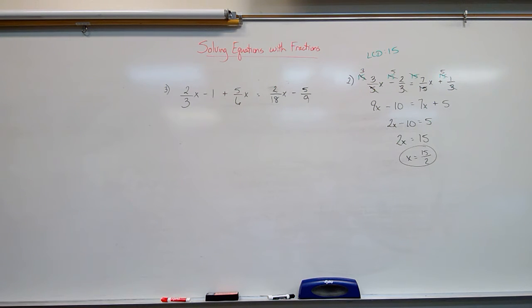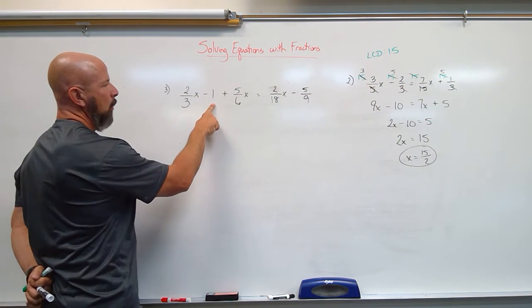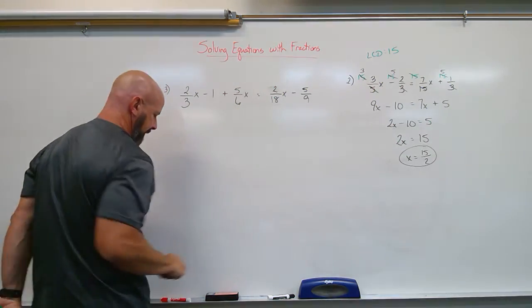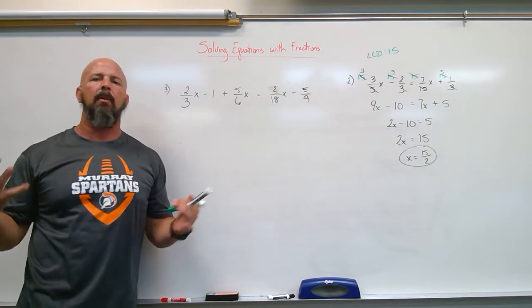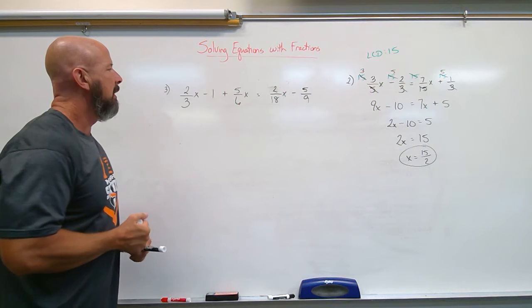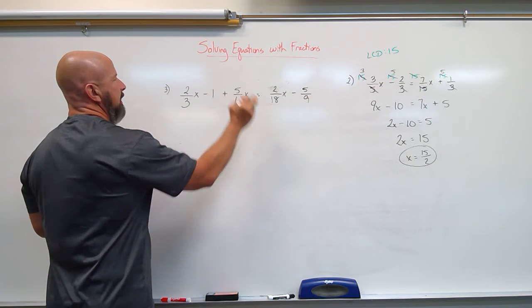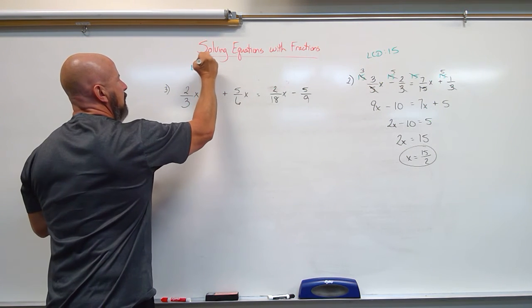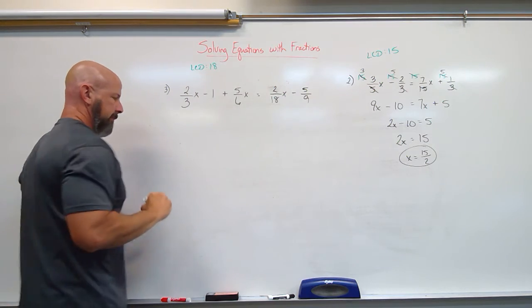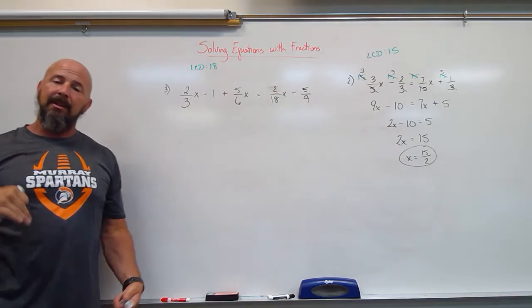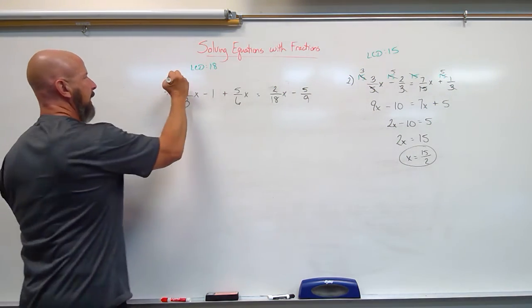So I'm scanning across and I see denominators of 3, 6, 18, and 9. Technically, I see 3, 1, 6, 18, 9. So I'm thinking, what's that common denominator going to be? 3, 6, 18, and 9 all go into 18. So I'm going to multiply each term by 18.